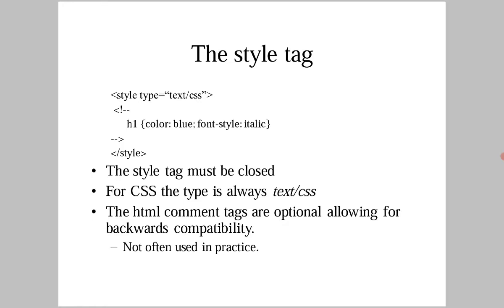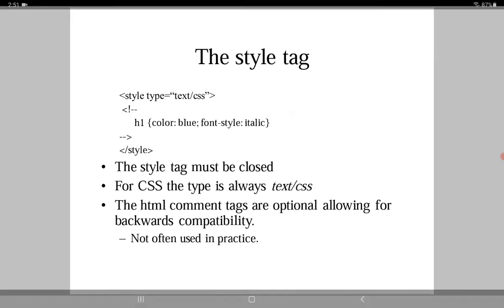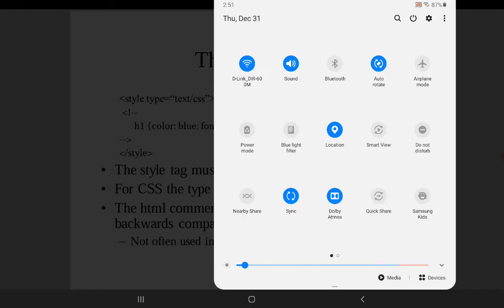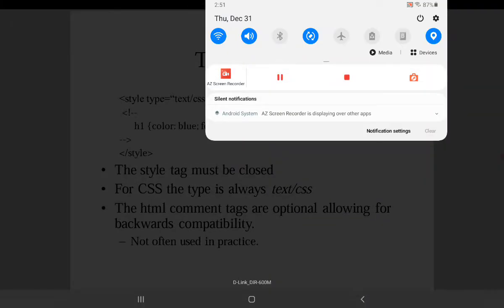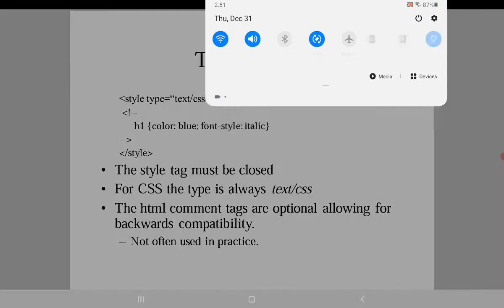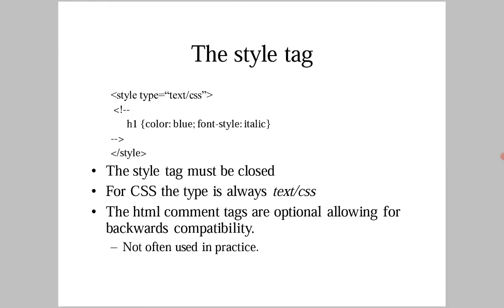What is the selector? A selector is nothing but some element or some portion of the HTML page or some syntax, whatever it may be. Color is the attribute or property of the page, and colon blue is the value of the property.